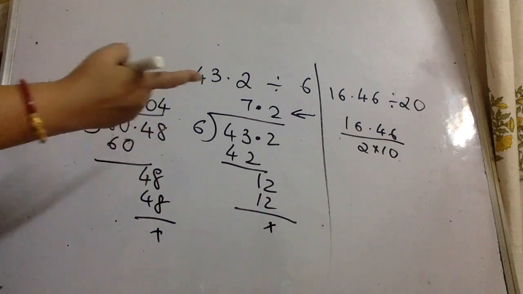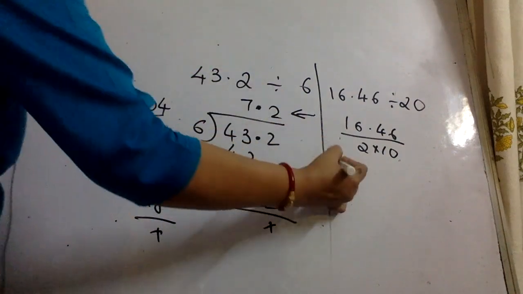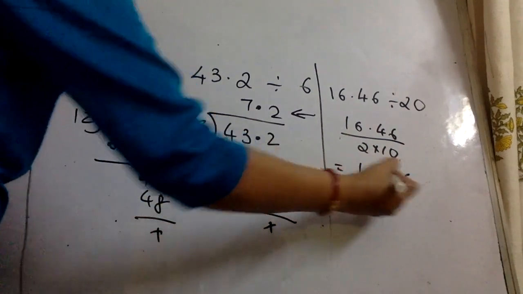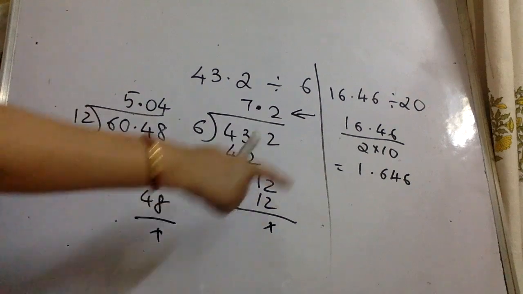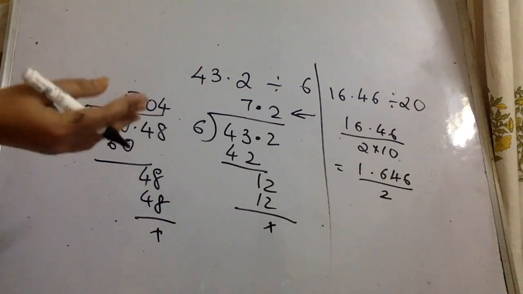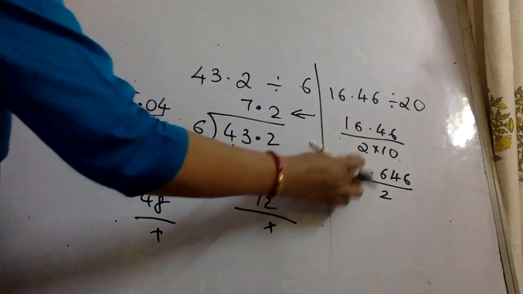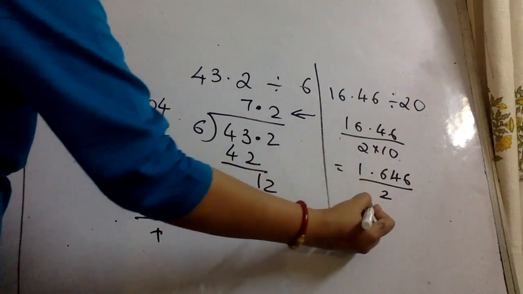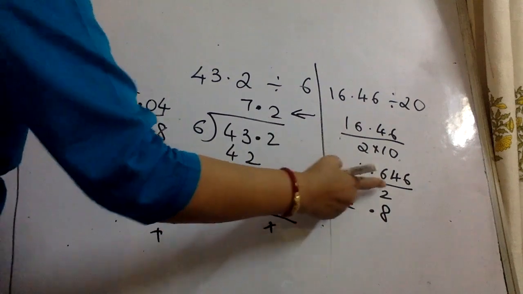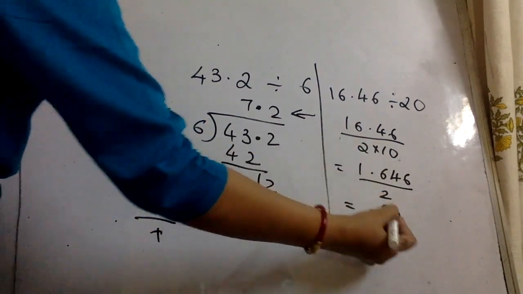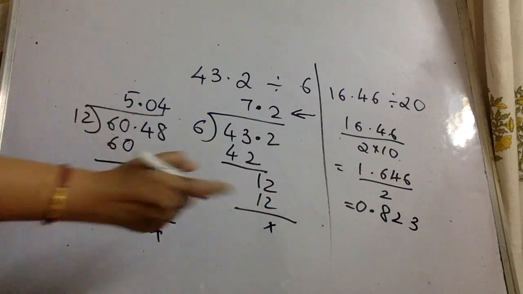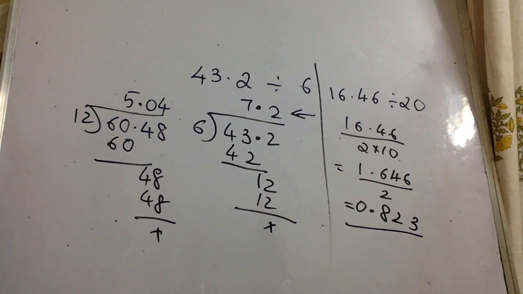We'll first divide by the 10 and get an answer, which makes it very simple. So it is 1.646. Remember, this is the exact method that I taught you before this. So 1.646 and now by the 2. You can go for a long division if you want, or you can even divide it straight here. You simply copy the point and then write the 8, that is because of 16, 8. Then for the 4 you take a 2 and for the 6 you take a 3. Put a 0 here at the beginning. That is it. This is the answer of your division.